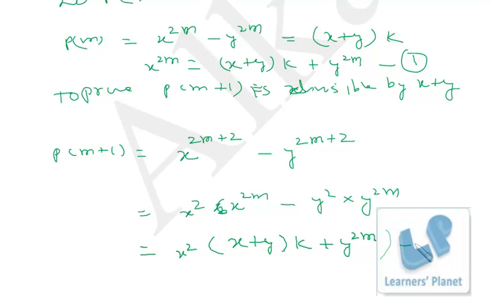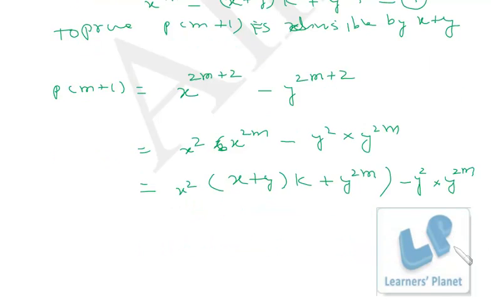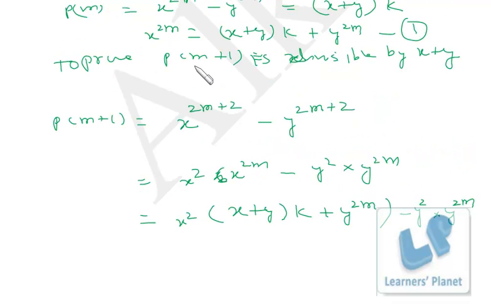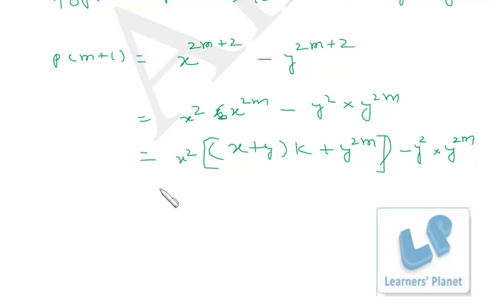Then this is left, y square into y raised to 2m. So here x square and x raised to 2m we have written as x plus y into k plus y raised to 2m. Okay, now we open up the bracket.